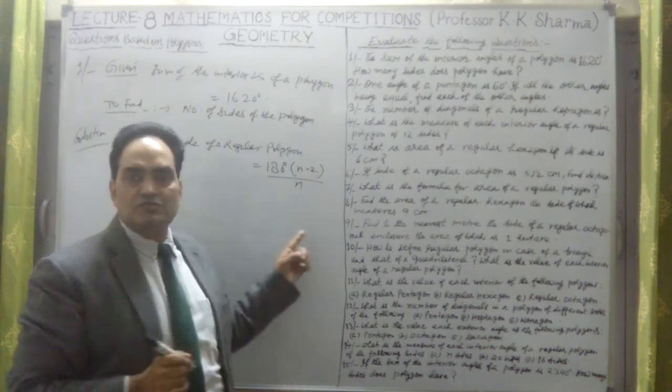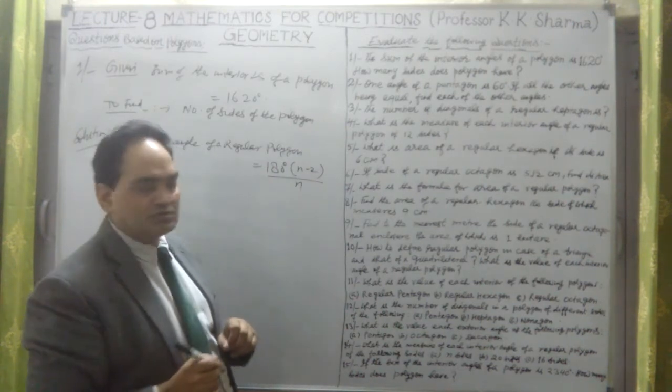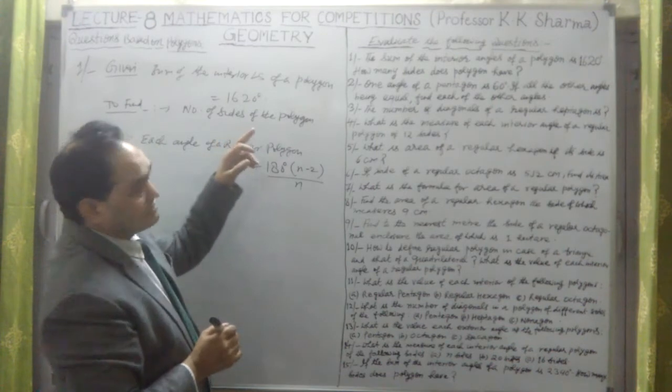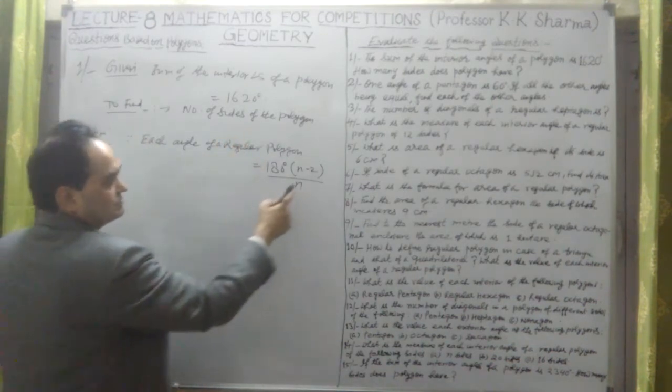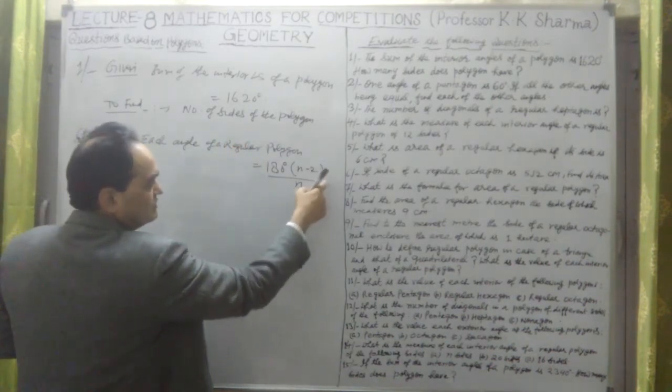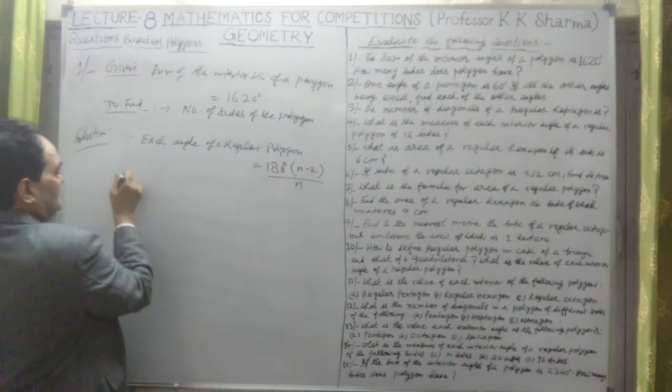This is the formula for finding each angle of a regular polygon. But we are given the sum here. The sum of all the angles is each angle multiplied by n, and n cancels out.